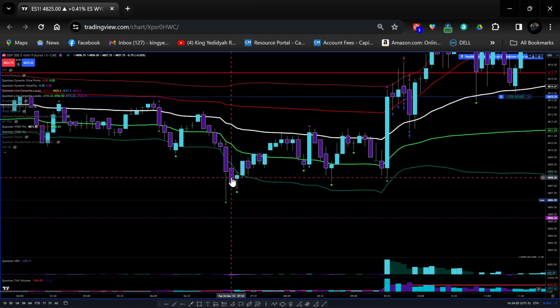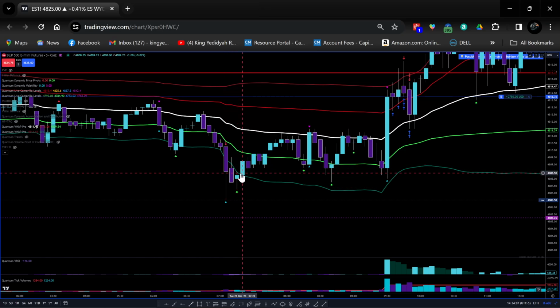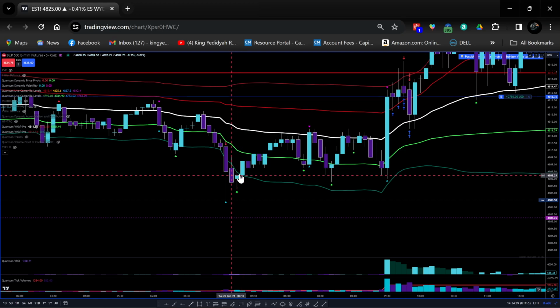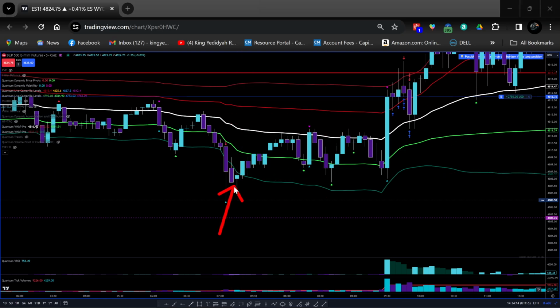When you look for reversal patterns at this level, this lower deviation band right here, if you get the reversal pattern, okay, you got the stop, you got the buying absorbing price and you get the reversal candle.